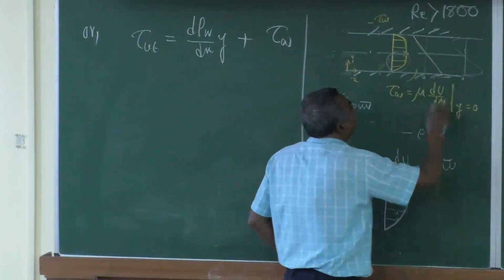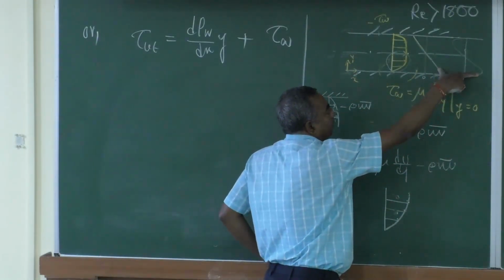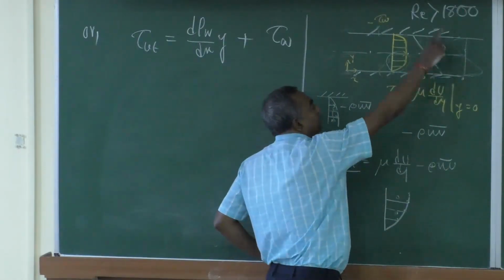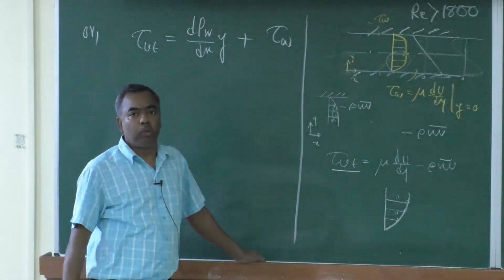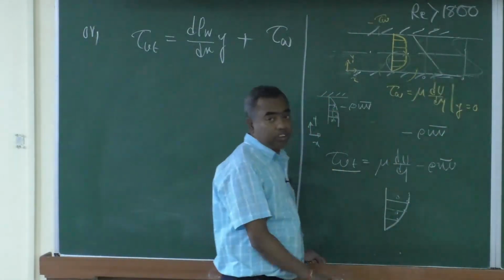So, you see both the viscous stress as well as the Reynolds stress are asymmetric about the central line. In the upper portion of the central line both the stresses are negative, in the lower portion both the stresses are positive.